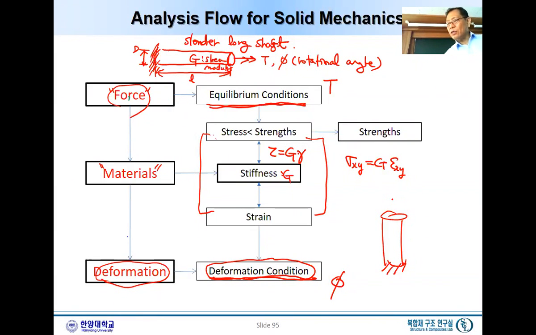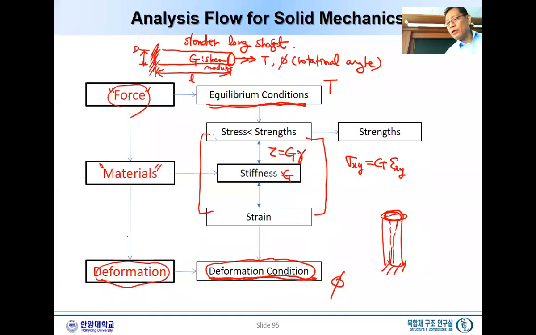That has nothing to do with the torque we applied yet. We don't consider torque, but we do have some deformation. Let's say this shaft, vertically, rotates somewhat. What kind of deformation will this shaft experience? That is about the deformation.